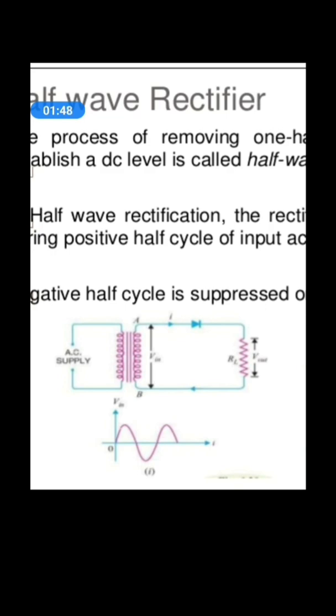But when negative half cycle comes, then P-type semiconductor becomes negative and N-type semiconductor becomes positive, and in this condition no current flows through the junction and we get the output across the load resistance equal to 0.